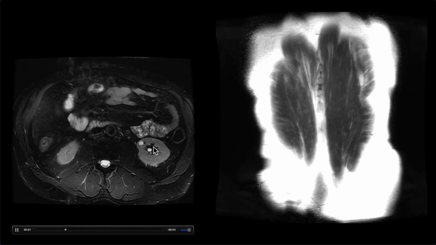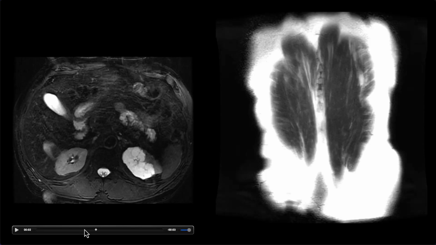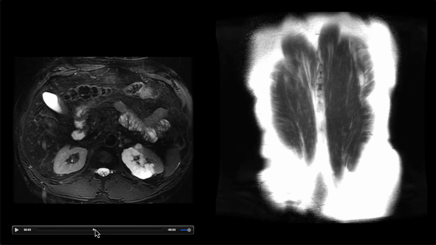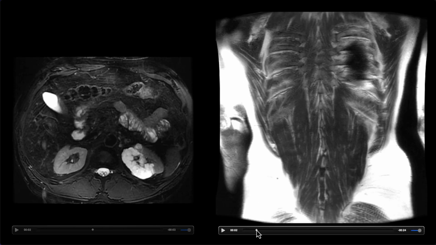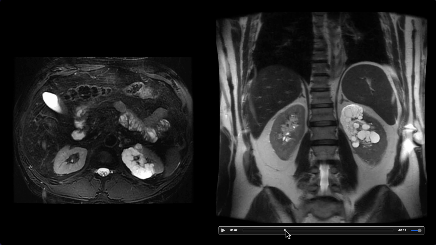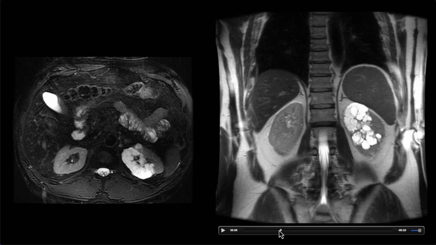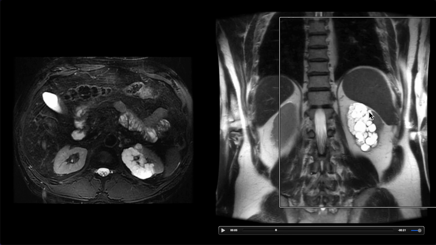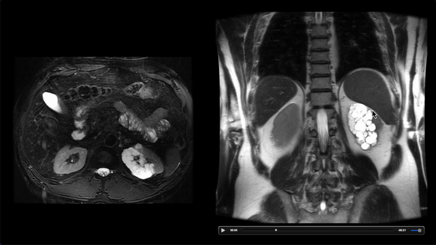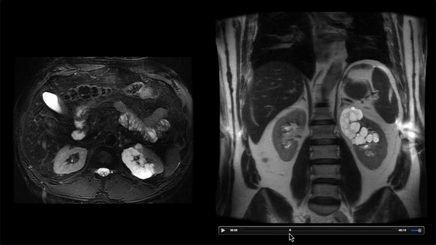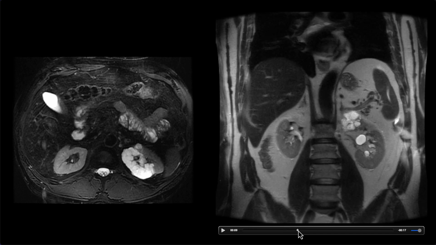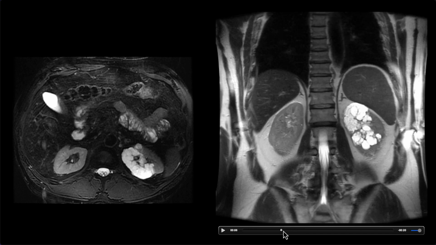All right, so our last case is an MRI, which is mostly just to prove that I also know how to look at MRIs after we did all those CT-based cases. And so here we have what looks like essentially replacement of a portion of the left kidney with this large cluster of cysts, but otherwise normal appearance of the rest of the kidney and normal appearance of the right kidney.